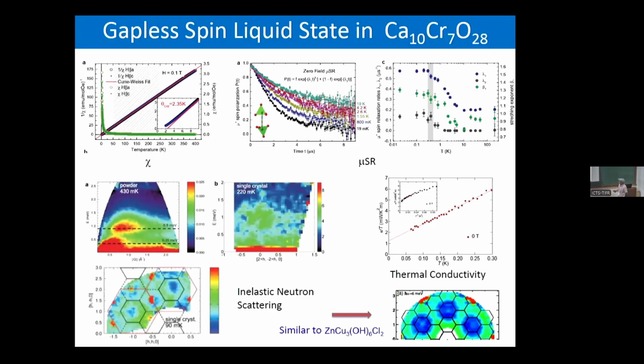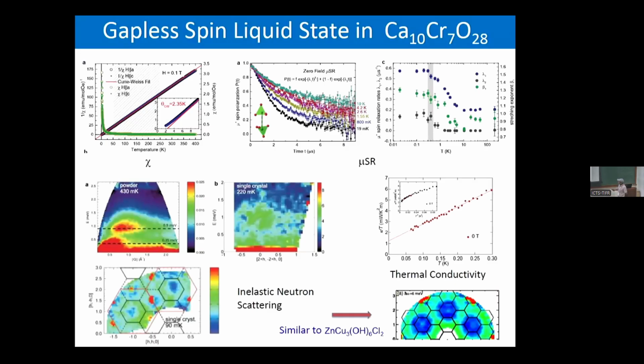Inelastic neutron scattering on powders here and on single crystals here with the momentum transfer within the Kagome planes is shown. There are 2 energy bands between these energy ranges and these energy ranges. And you can see that this scattering is completely dispersionless. It's very diffuse, and it's like the continuum of spinons that one would expect for fractionalized excitations in a spin liquid.